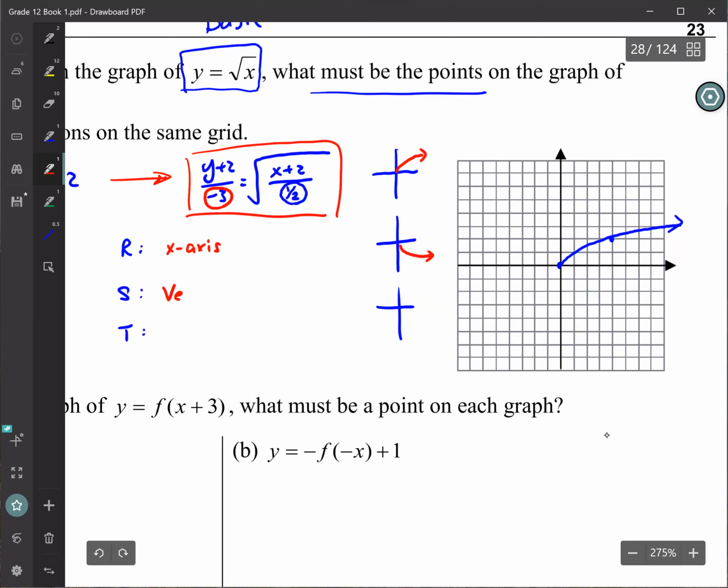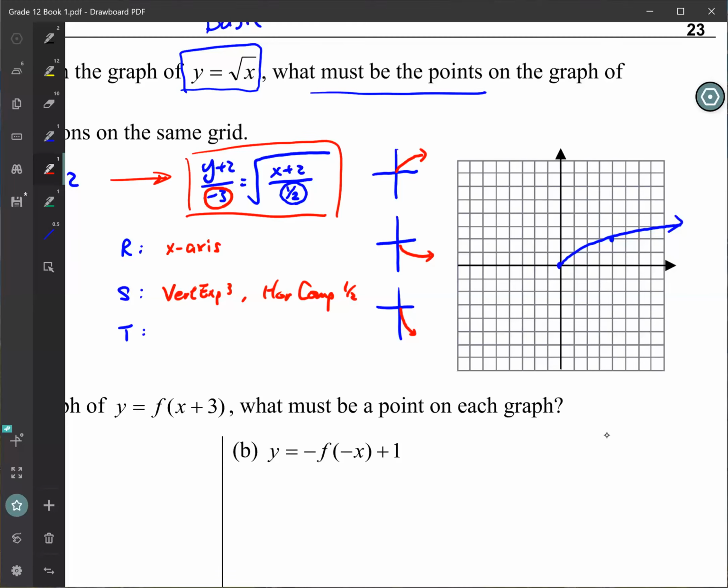Vertical expand by 3. Horizontal compressed by 1/2. So it will become taller and squeezed side to side, left and right side squeezed. Okay, Tiana, what kind of translation?